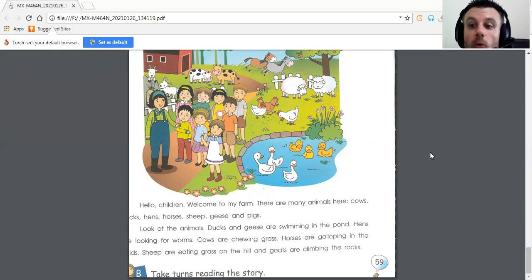Hens are looking for worms. Cows are chewing grass like this. Like chewing gum, but chewing grass. Horses are galloping in the fields. Sheep are eating grass on the hill, and goats are climbing the rocks.